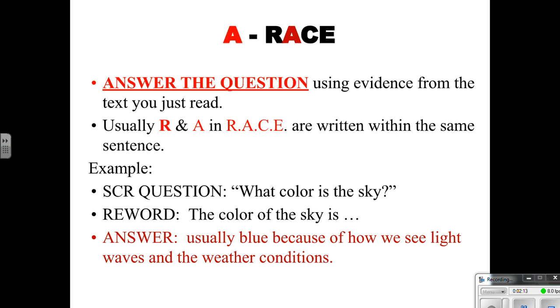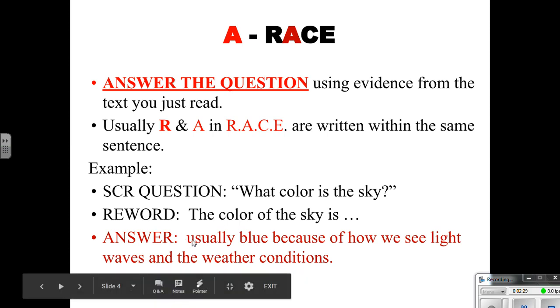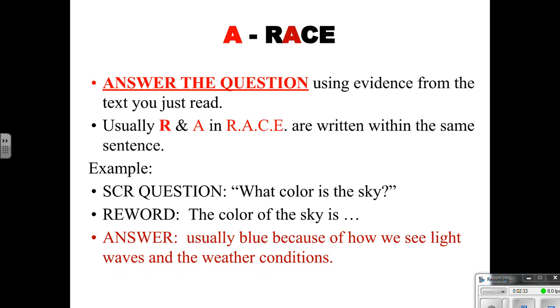So let's go back to our topic. What color is the sky? First, I reword. Second, the color of the sky is, then I attach my answer: usually blue because of how we see light waves and weather patterns. Now notice, I did not just put usually blue. I gave a specific reason, so your answer has to have a because clause attached to it.